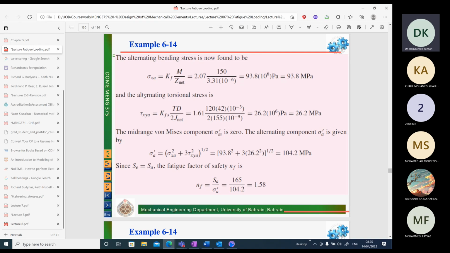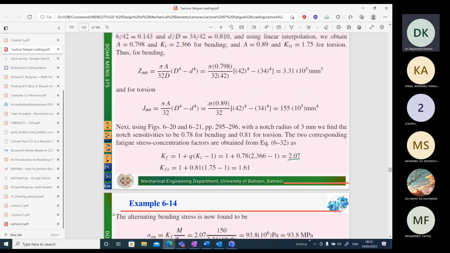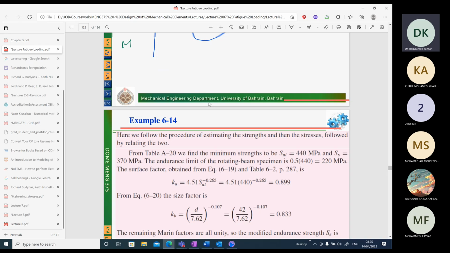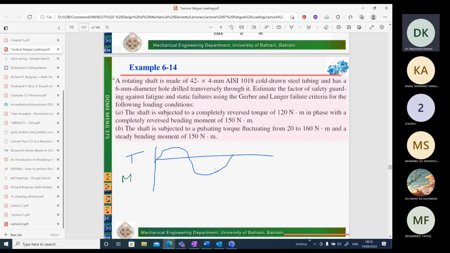So we have two different stresses. In that case, first we need to identify what are the components of stresses we have calculated. It might be required that we also need to know the components of stresses. In this particular case, we know it is a rotating shaft.